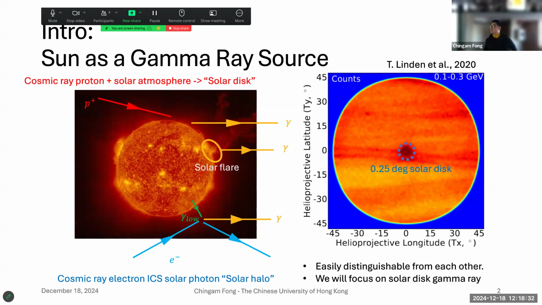The leptonic component is more of a halo around it, about 40 degrees, more or less. These two components are present year-round, but solar flares are isolated to certain points in time, so they are easily separable from each other. And in the present study, we are talking about the ones that come mostly from protons.